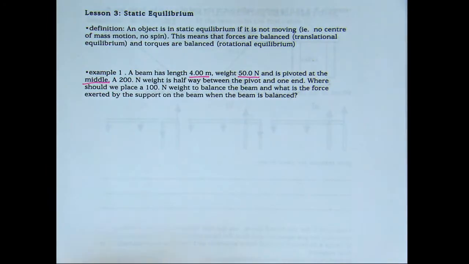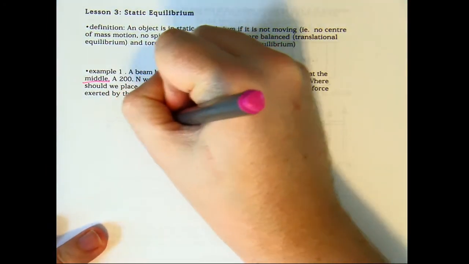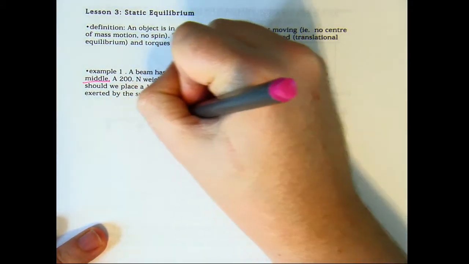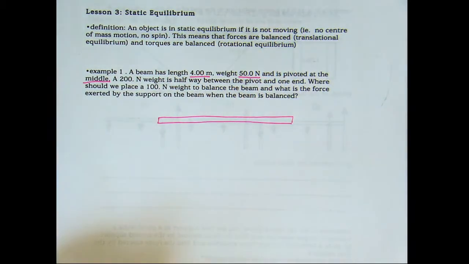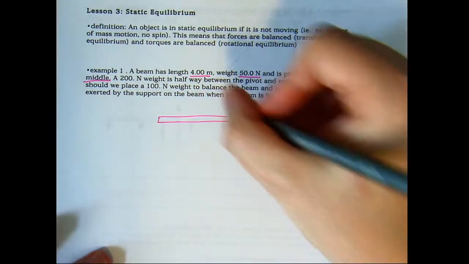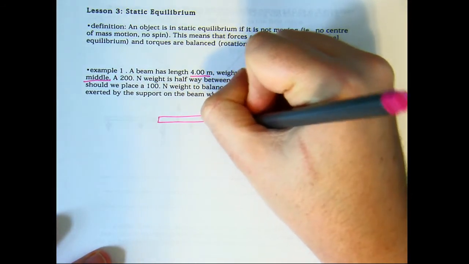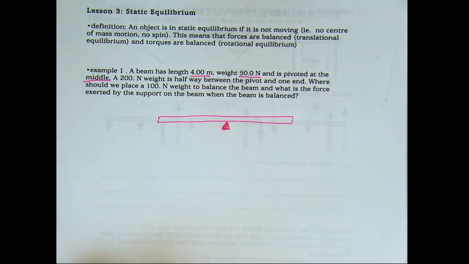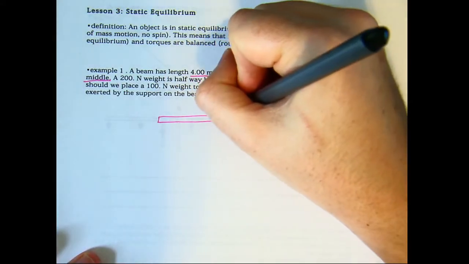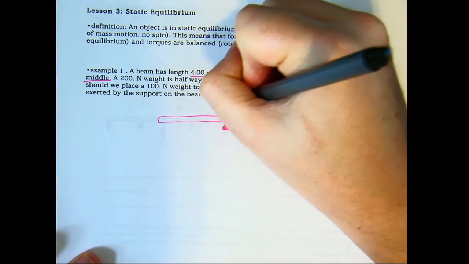So, we're going to draw this. There's my 4-meter beam. We're told that it's pivoted at the middle. So, I'm going to draw my pivot there. And then we're going to draw our free body diagram. So we're going to add all of our forces to it just from the beam. So there's a normal force up. We don't know what that value is yet.